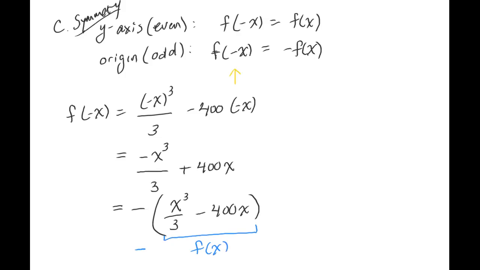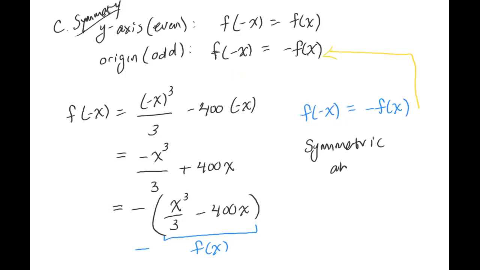So it looks to me like f of negative x is equal to negative f of x, which fulfills the second criteria for symmetry, not the first one. So it appears to me that the graph is symmetric about the origin.